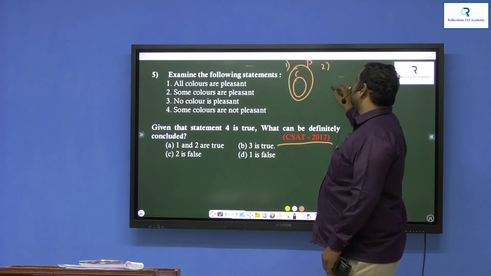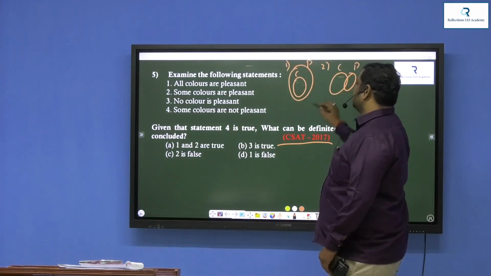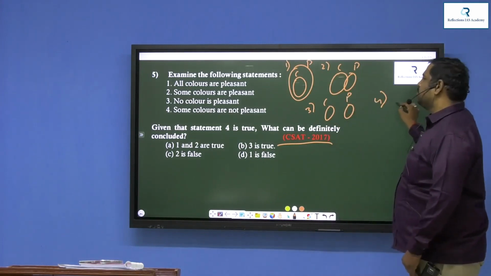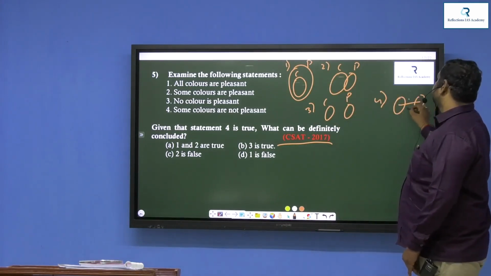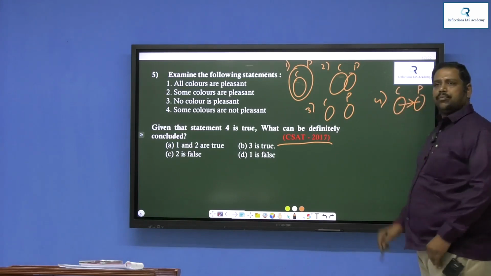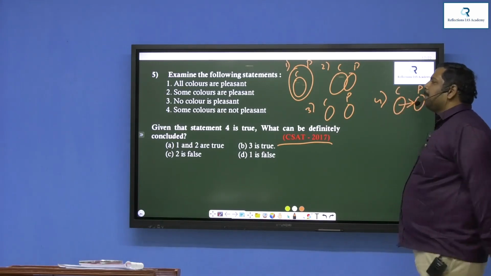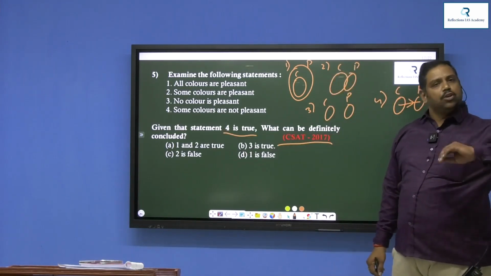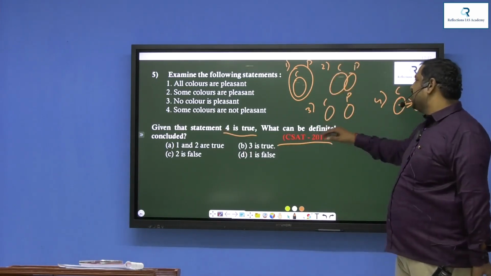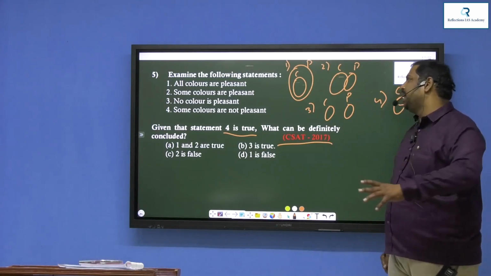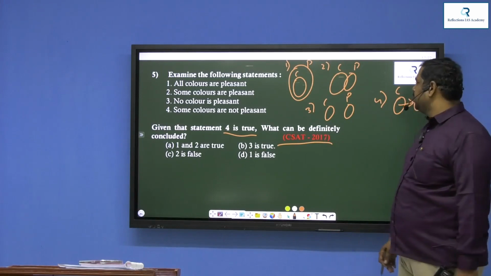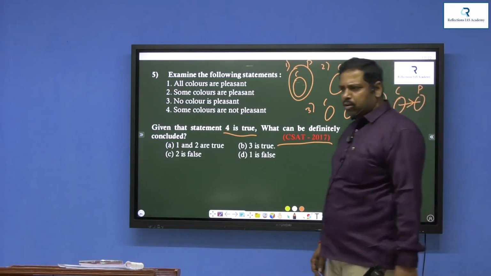Second one, some colors are pleasant. Third one, no color is pleasant. Fourth one, some colors are not pleasant. Given that statement 4 is true, which can be definitely concluded?